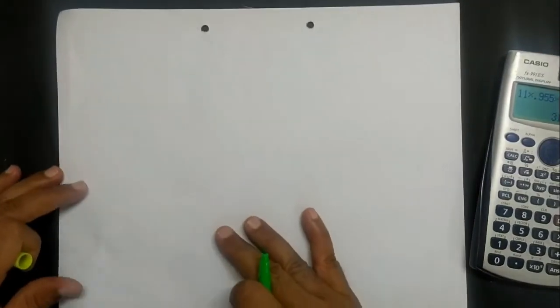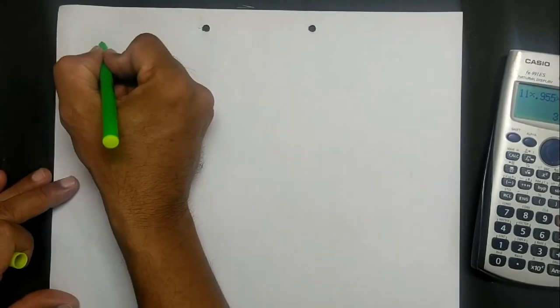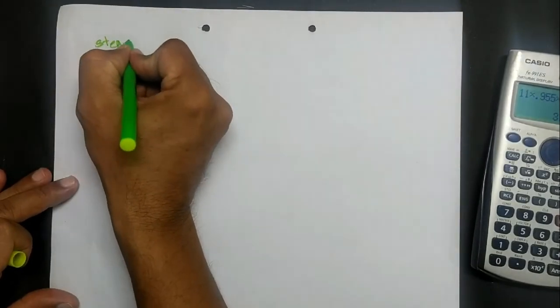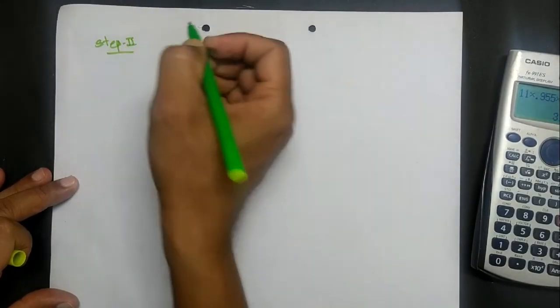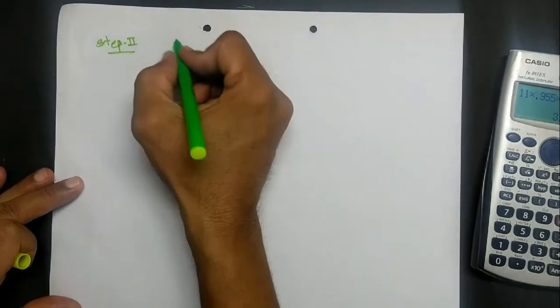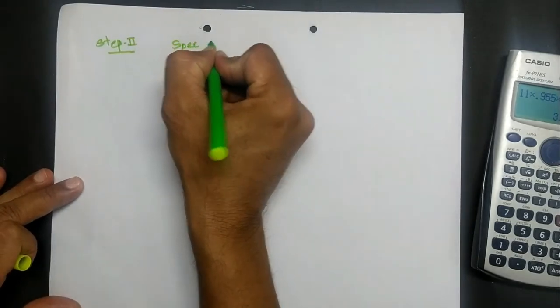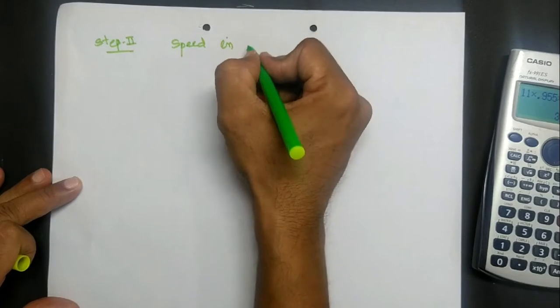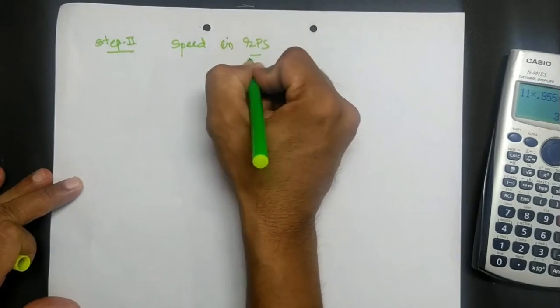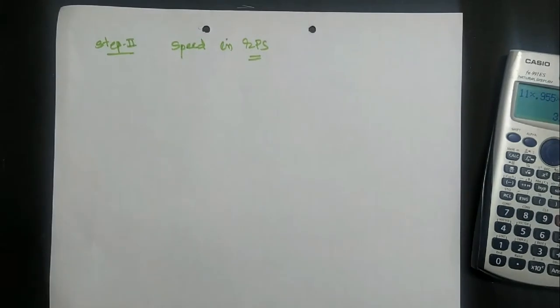Now we start the next step. Step 2 is to calculate speed in RPS. Speed in revolution per minute is given.